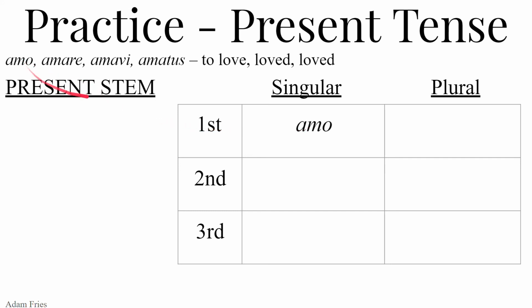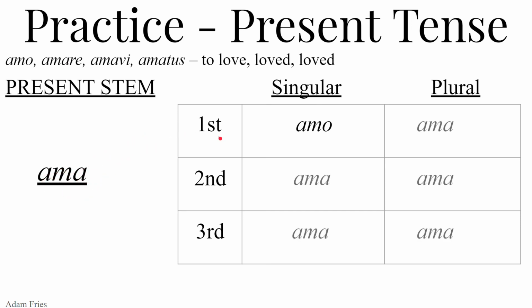Then for the other blanks, we want to take the verb's second principal part, chop off the re, what's left, ama, the verb's present stem, fill in for the rest of the blanks, and then add the good old personal endings. We already have the o, we need the s, the t, the mus, the tis, and the unt. I love, you love, he, she, it loves, we love, ye love, and they love.